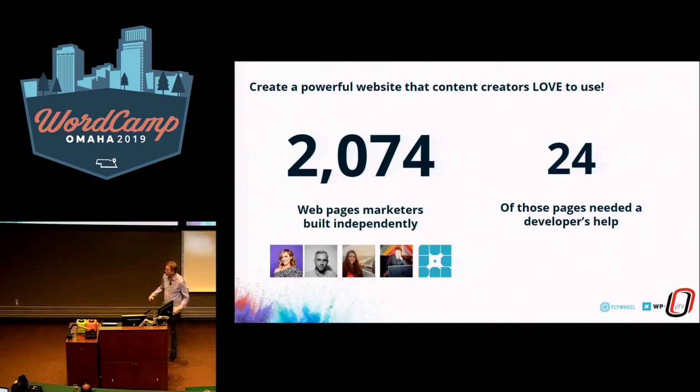But the reason you do this is to increase your efficiency. The reason you do this is to increase the efficiency of the teams you serve. It is to create a powerful website that content creators love to use. I remember when we started this journey at WP Engine, created our components, created our blocks. One of the first responses we got from the content creators was, I don't make web pages. I don't know how to do that.